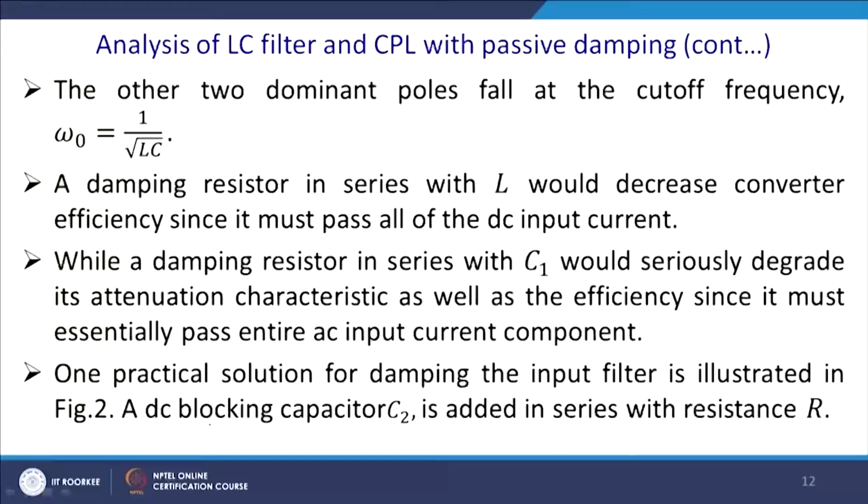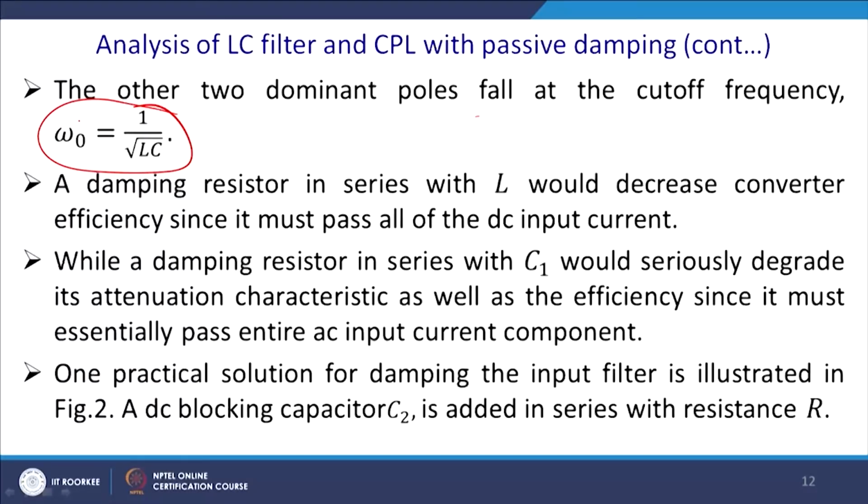Please refer back to figure number 2. The other two dominant poles will be at the cutoff frequency, that is the natural frequency of oscillation of this filter, that is square root of LC.